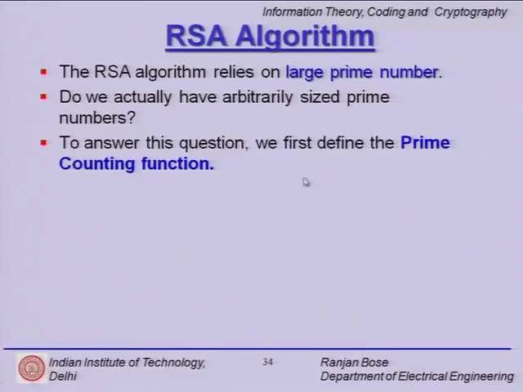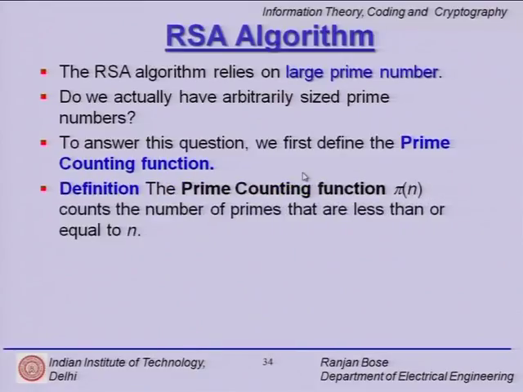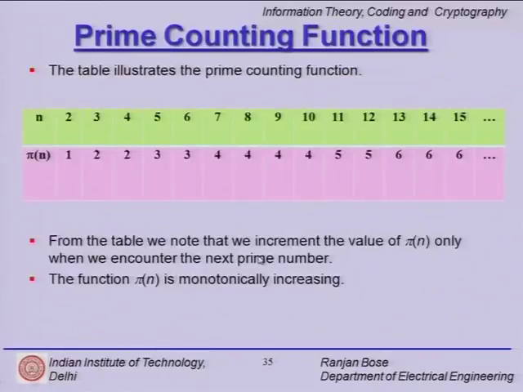We talk about the prime counting function. The prime counting function pi as a function of n just counts the number of primes that are less than or equal to n. Let us say n; if you look at this function, you have a prime number, yes, so increment it by 1. pi of 3, prime number, yes, count 2. For n equal to 4, this is no longer a prime number, so the count remains 2.